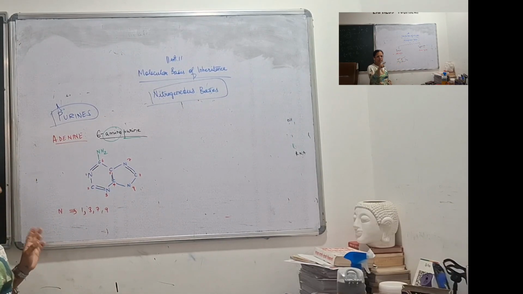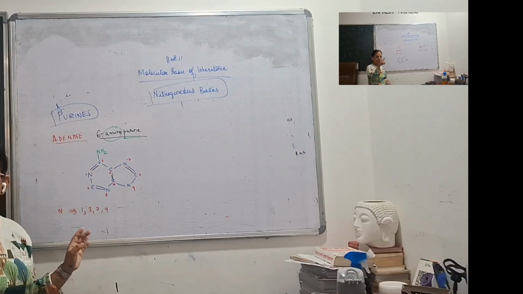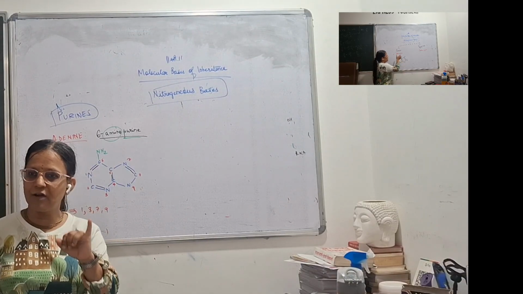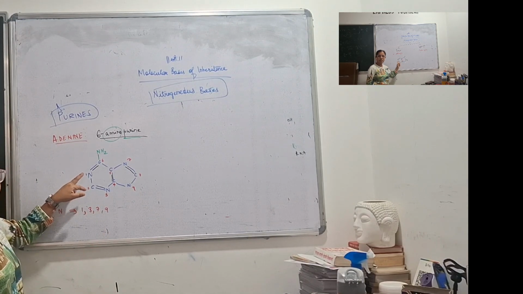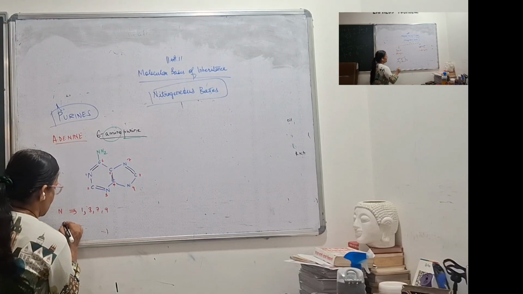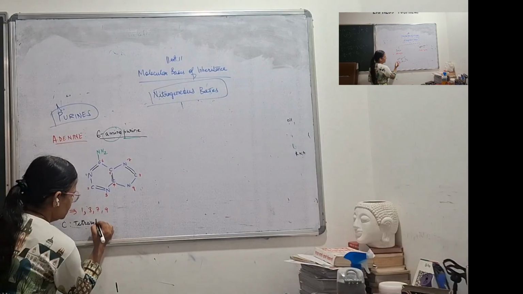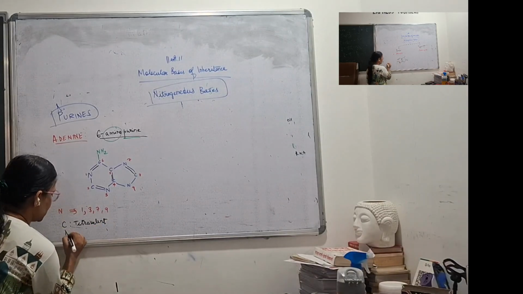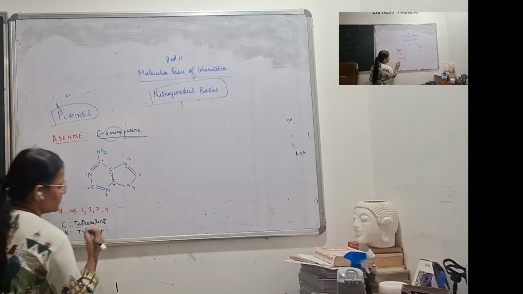So now once we have put on the double bonds, you have to satisfy the valency of carbon and nitrogen. There are only two elements in the ring, carbon and nitrogen. Now we know that carbon is tetravalent. And we also know that nitrogen is trivalent. Right?